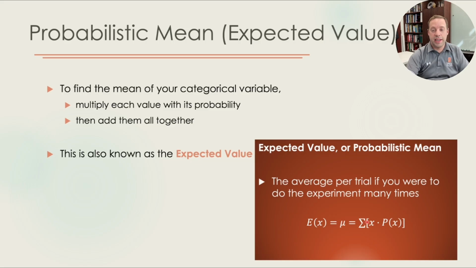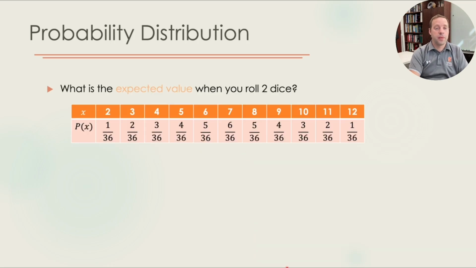That's what this symbol means, to take the sum of. And that's the equation. But if the equation confuses you and you say, I just want to remember: take a value, multiply it by its probability, do that for all your categories and add them up, that works for me. That's all we need.